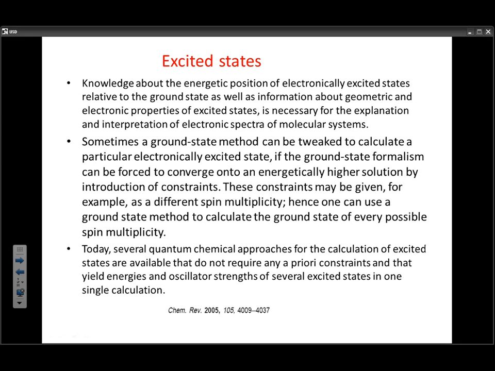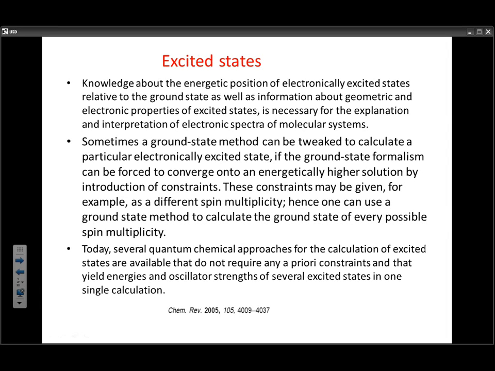And sometimes a ground state method can be picked to calculate a particular electronic excited state if the ground state formalism can be forced to converge onto the energetically higher solution by introduction of constraints. These constraints may be given, for example, as a different spin multiplicity.